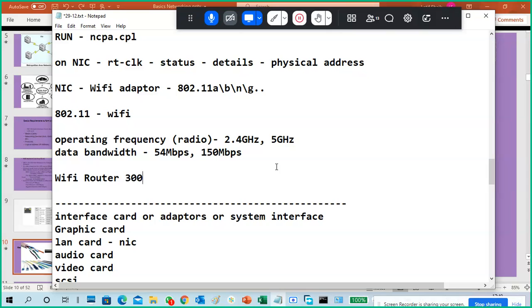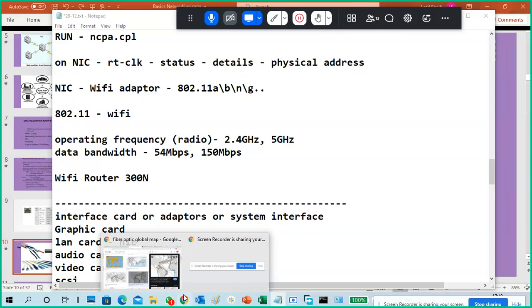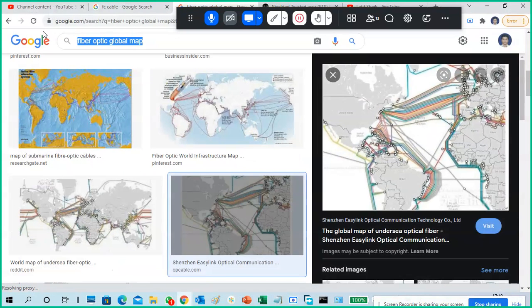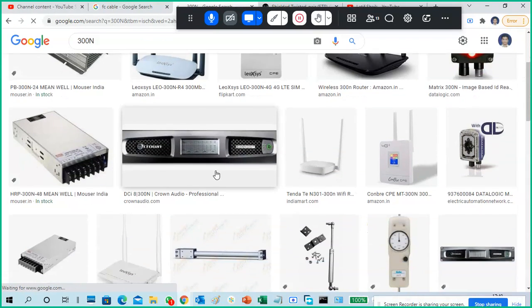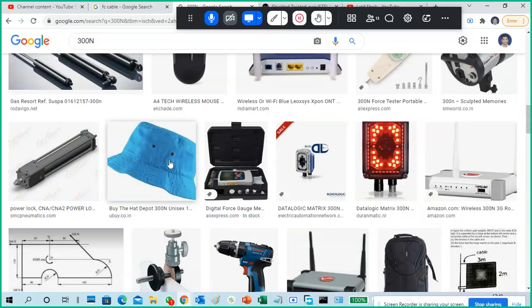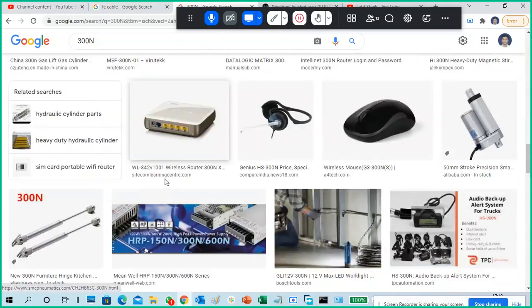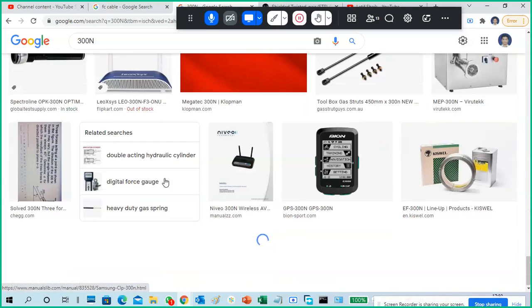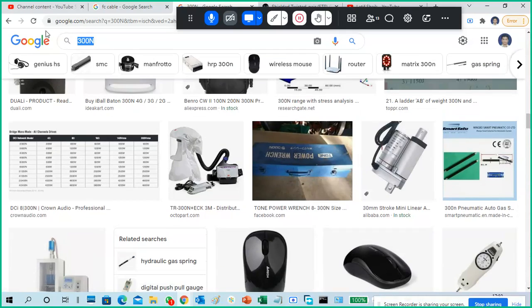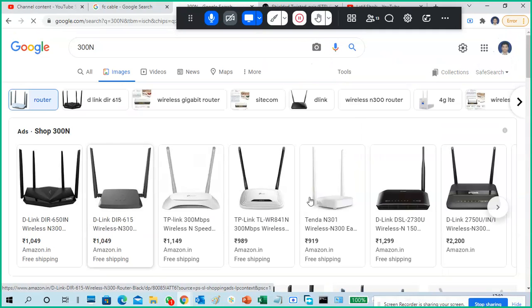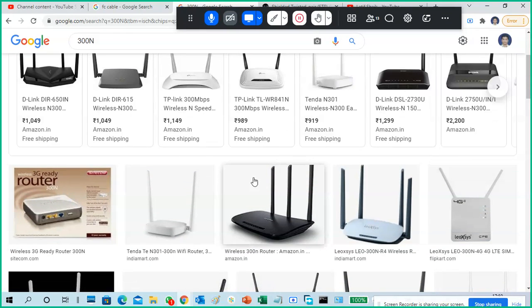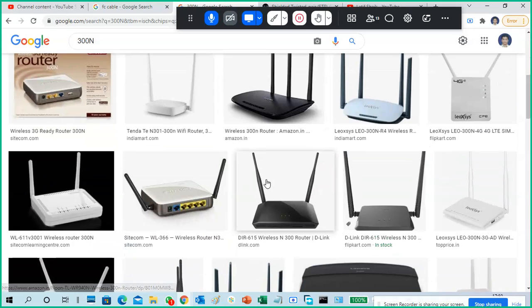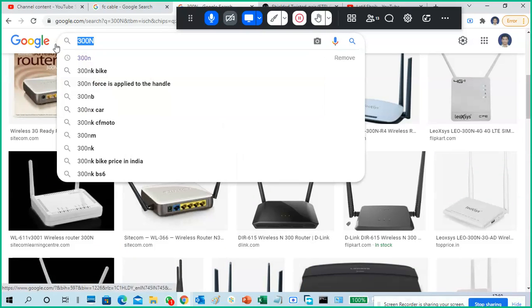If you see these Wi-Fi routers, this kind of router you can see, Wi-Fi N300 routers. It is showing all the different parts of it. There is a wireless N300 model, which is a different one, and the AC model is different.